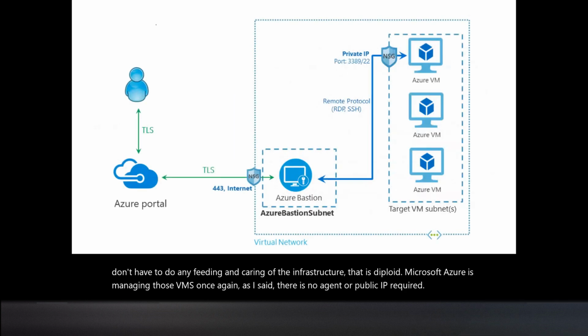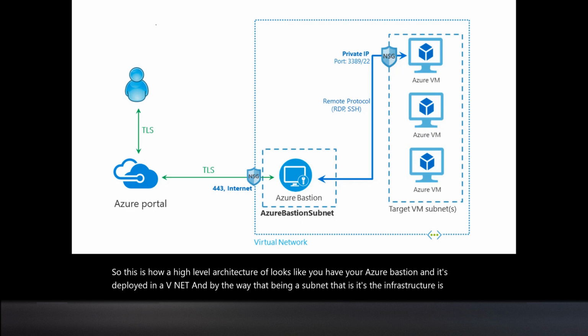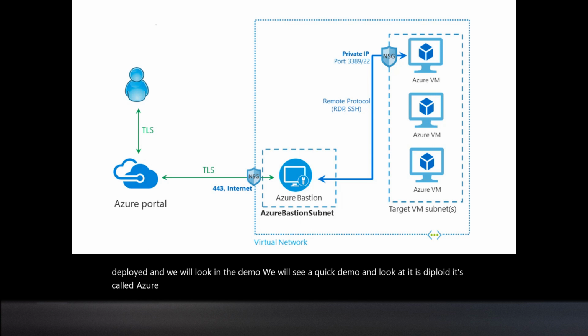So this is what the high-level architecture looks like. You have your Azure Bastion, and it's deployed in a VNet, in a subnet, and we will see that in a quick demo. It's called AzureBastionSubnet, and then you have your VMs.